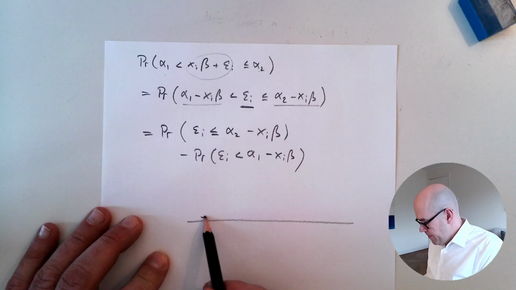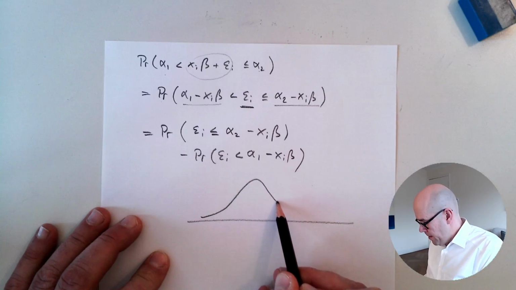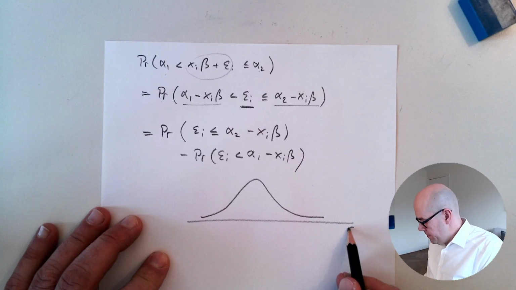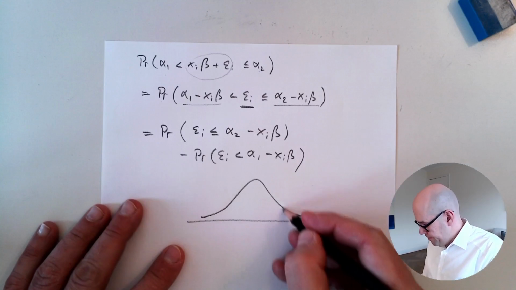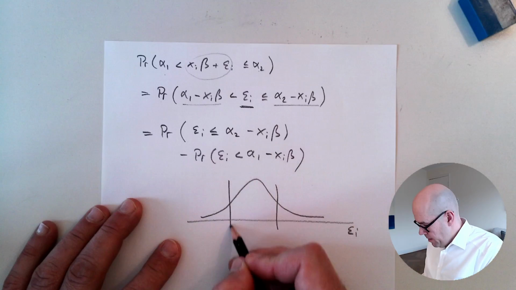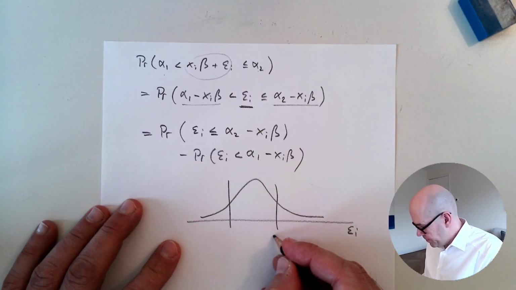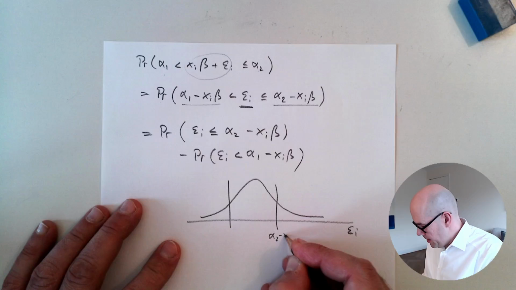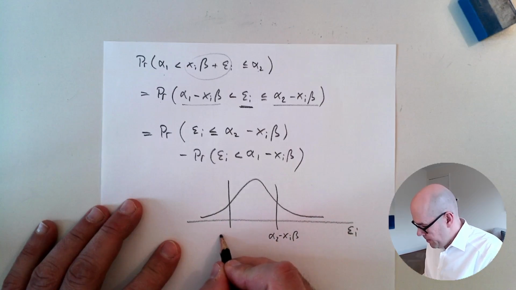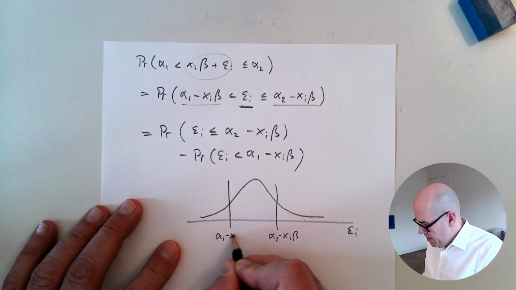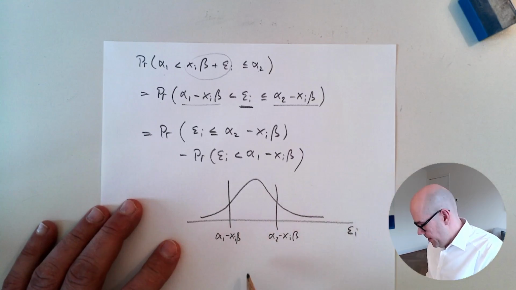So let's say here's my density for epsilon I. Here I have alpha 2 minus xi beta. Here I have alpha 1 minus xi beta.